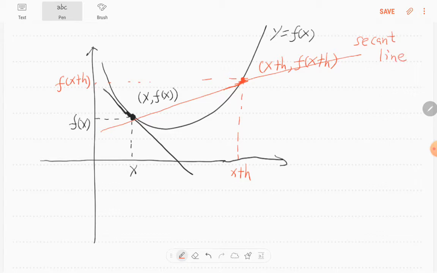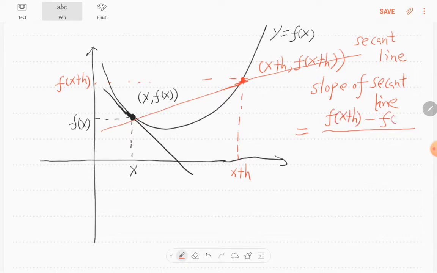So the slope of the secant line is equal to, we have 2 points, so the y coordinate minus y coordinate. So this would be f of x plus h minus f of x over x plus h minus x.